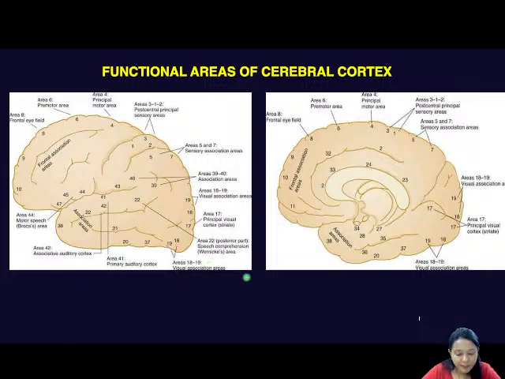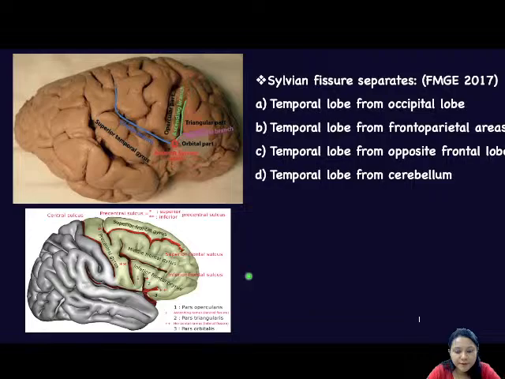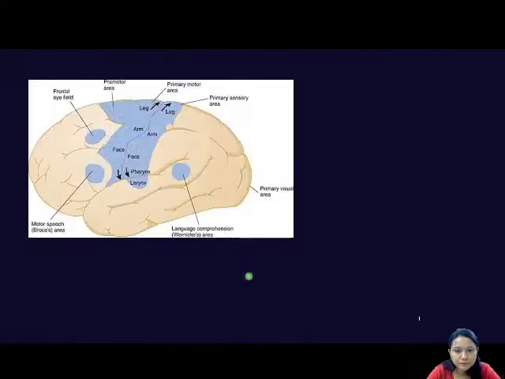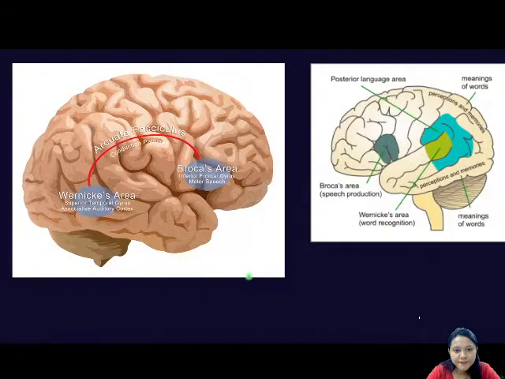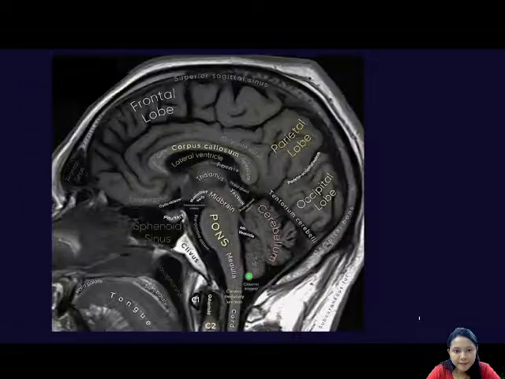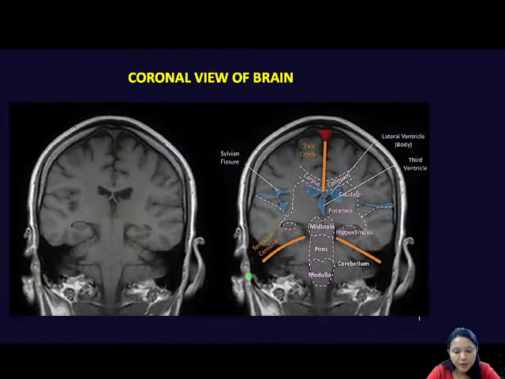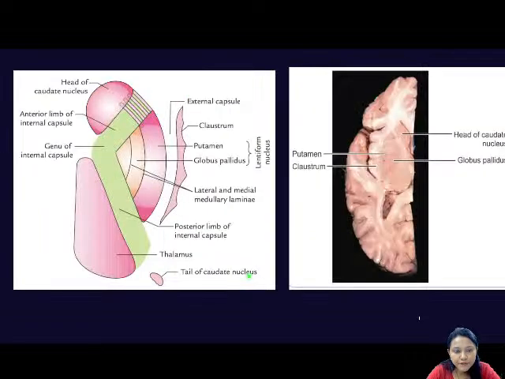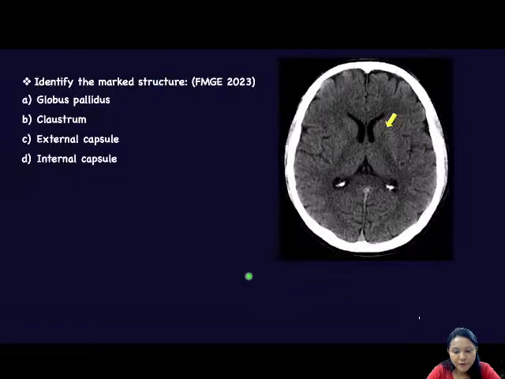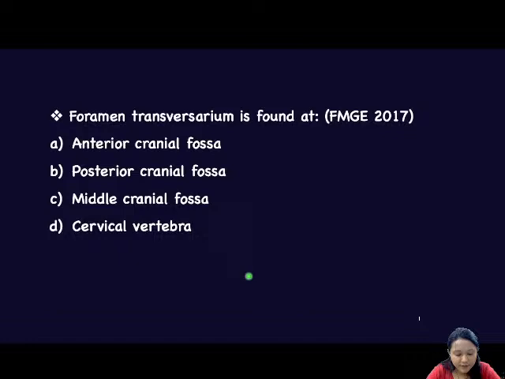We are going to cover the functional areas in the next neuroanatomy part, part 2, along with all the other things and the repeated questions. I hope everybody attempts my next session. It is very important and a little bit complicated, but if you see all these images, you will understand well.